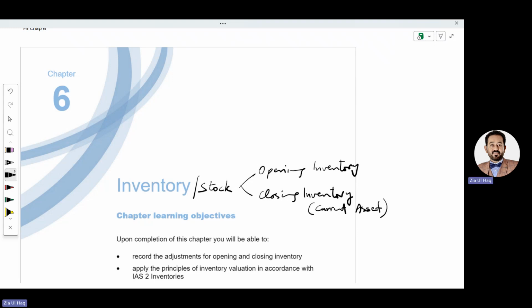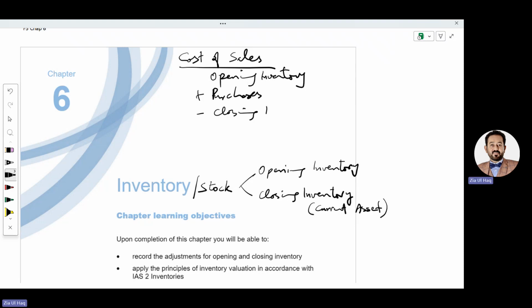How do we calculate cost of sales? Opening inventory plus inventory purchased during the year, meaning purchases, minus closing inventory.